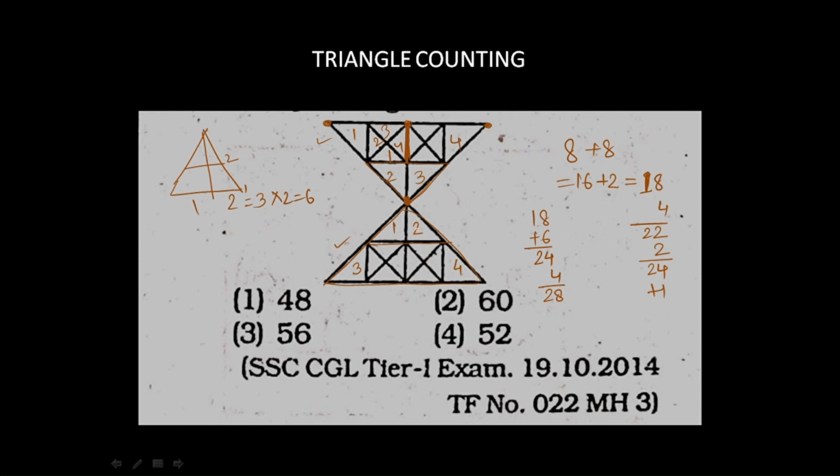Where are the other twos? These are the twos. Look at this. There are 2 more triangles inside this part. I hope this is clear to you. Sorry. Okay, there was a systematic glitch.